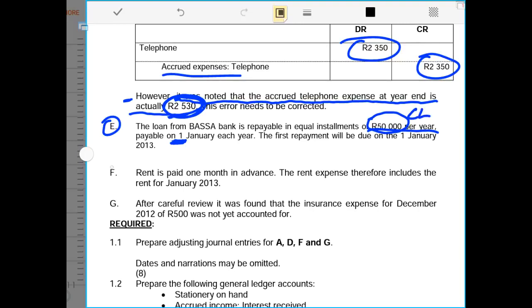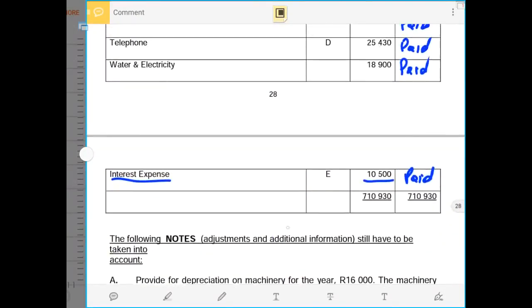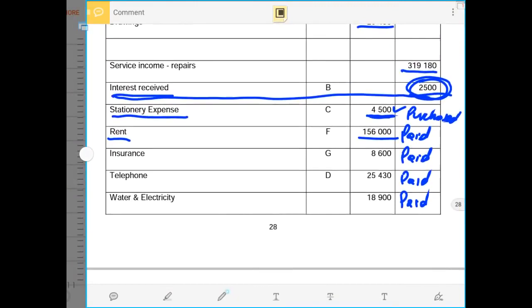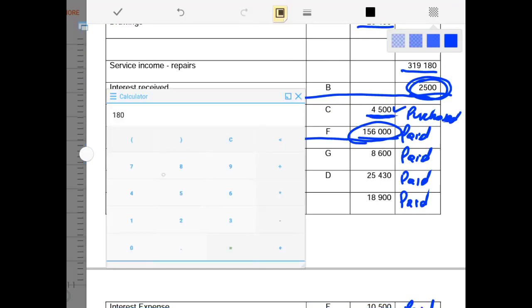Then we are told under number F that rent is paid 1 month in advance. Meaning 1 month in advance, it means it's prepaid. And the rent expense therefore includes the rent for January. In other words, they are telling us that the rent that appears in the trial balance, the rent of 156,000 rands already paid, is the rent that is for 13 months.